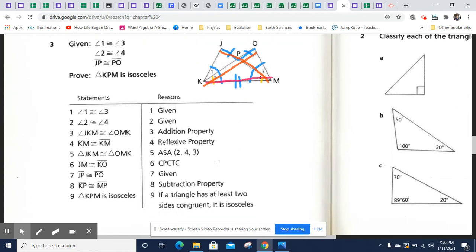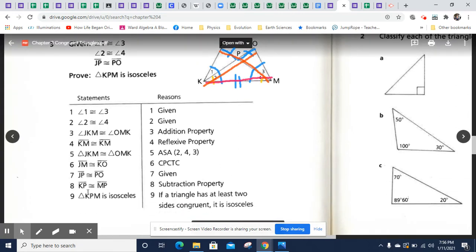Okay. And since we've now proven that, I'll go ahead and draw it in. We've now proven that KP and MP are congruent. We have two congruent sides of this triangle, KPM, which we wanted to prove was isosceles because it has at least two congruent sides.